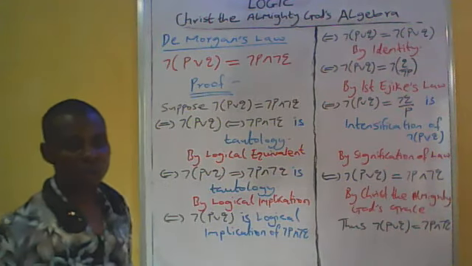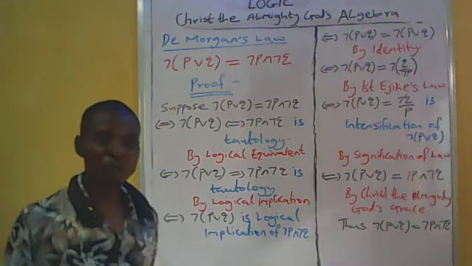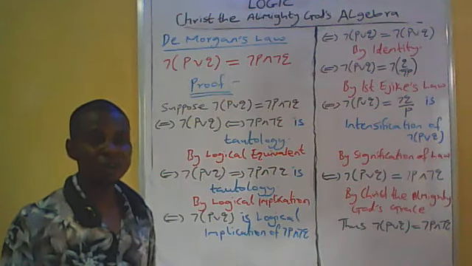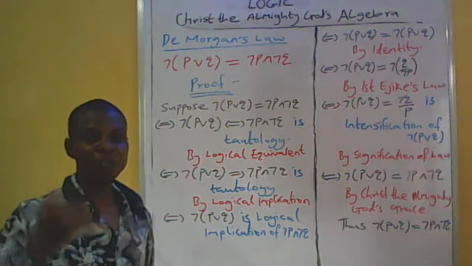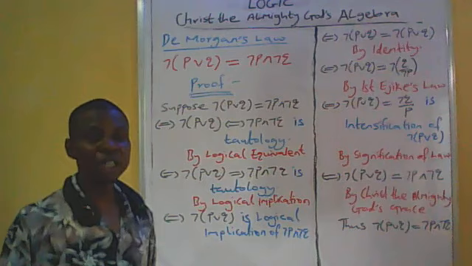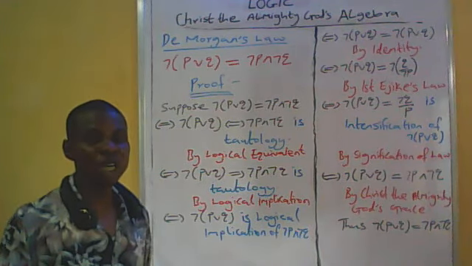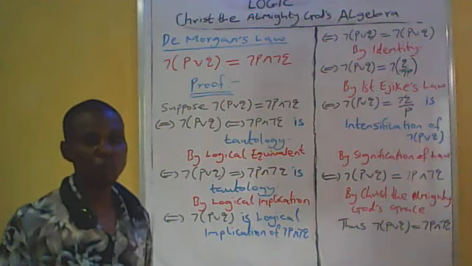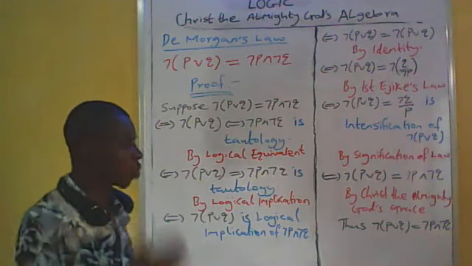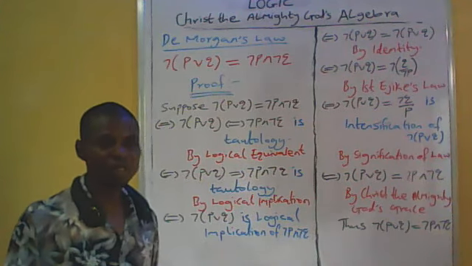Since it is a law, we are going to prove the converse so that by the principle of exceptionality, we will then establish that not (P or Q) is equal to not P and not Q is De Morgan's law. So let's prove the converse.